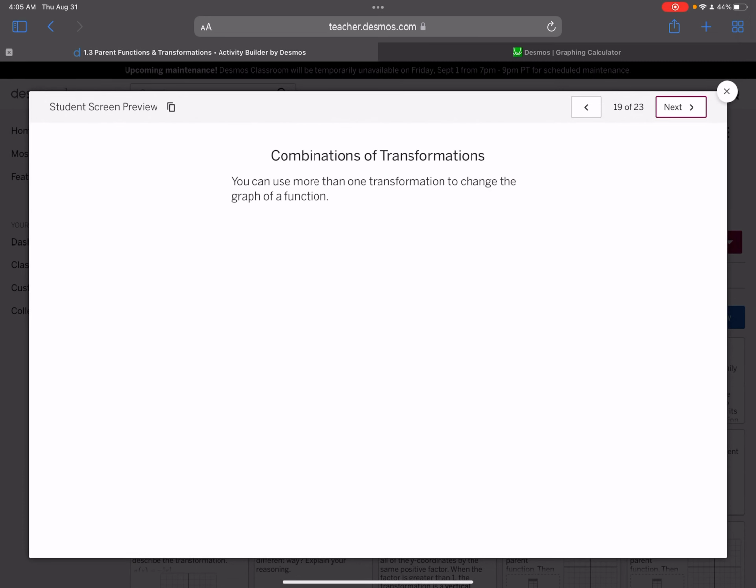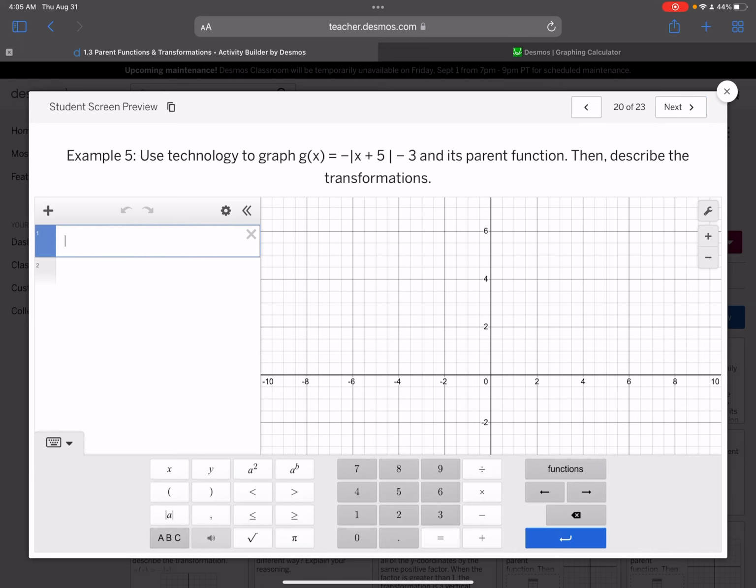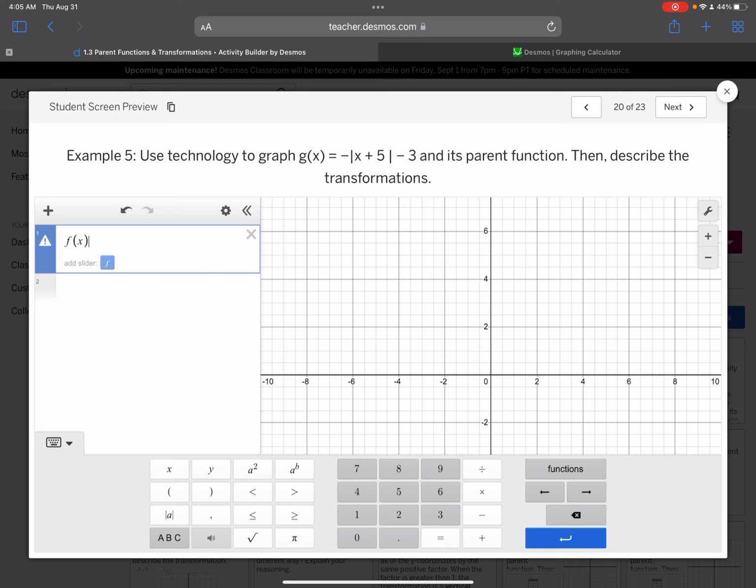All right, combinations of transformations. So we can use more than one transformation to change the graph. So we're going to use technology to graph this, and I actually did set this one up right. So parent function, since I'm working with absolute value, that's our f of x equals the absolute value of x.